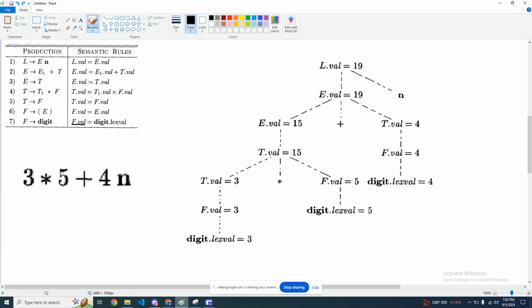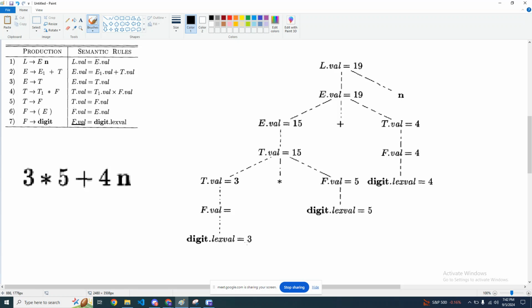So we have set this value as 3, and we go up and find this node, F. Now we calculate the value of this node. It will come from digit dot lexval, because we have a rule: if F produces digit, the value of F will be the value of digit dot lexval.